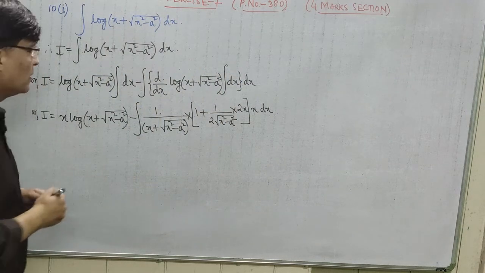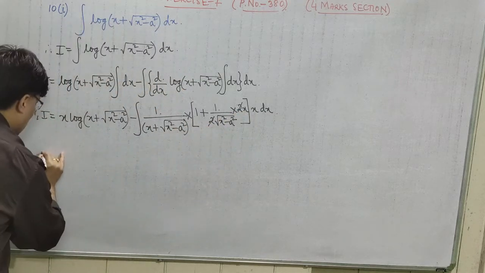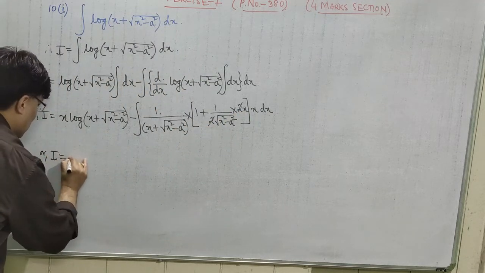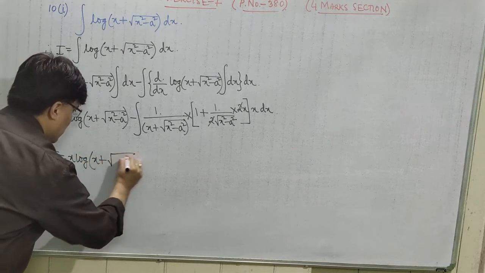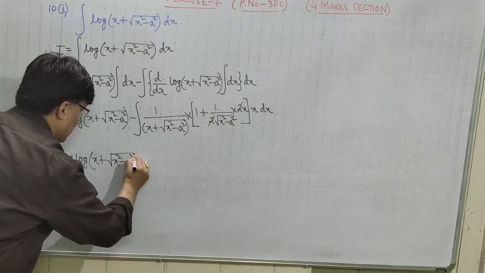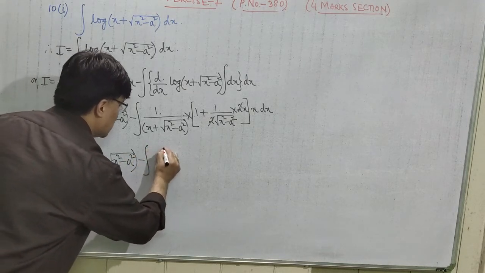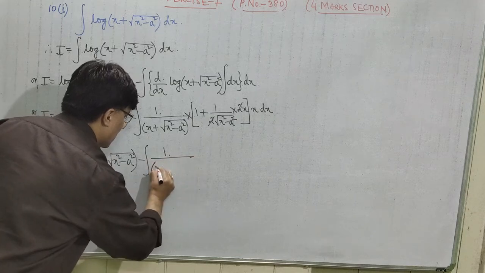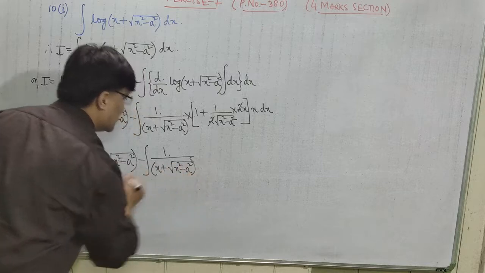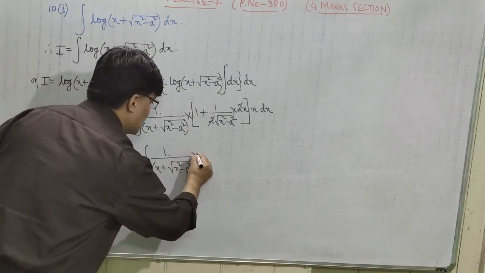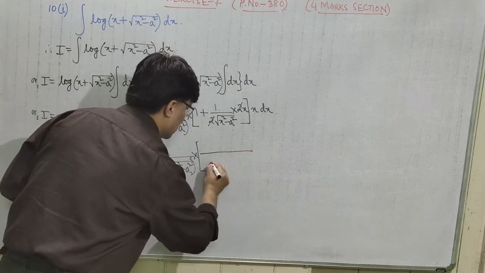Is that clear? So here you can cancel this. 2 will be cancelled. So I is equal to, this is x log of within bracket x plus root over x square minus a square. Okay. Minus integration of, this is your 1 upon x plus root over x square minus a square into, now within third bracket. So what's the LCM here?